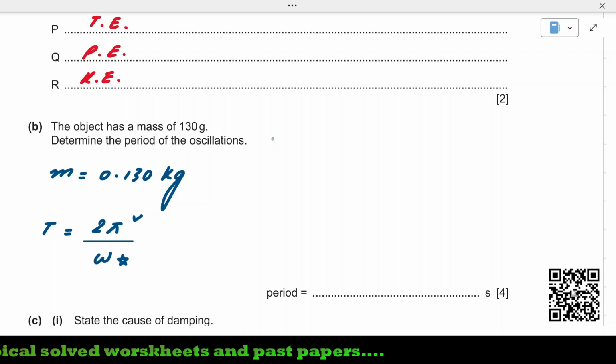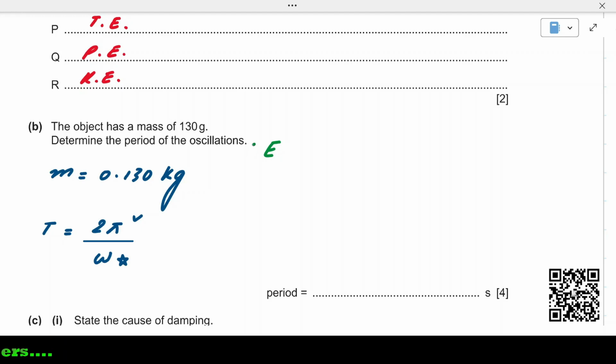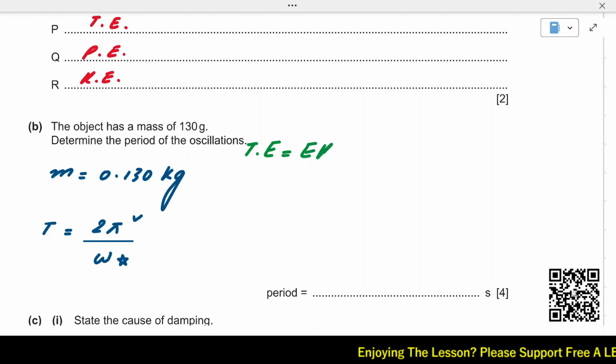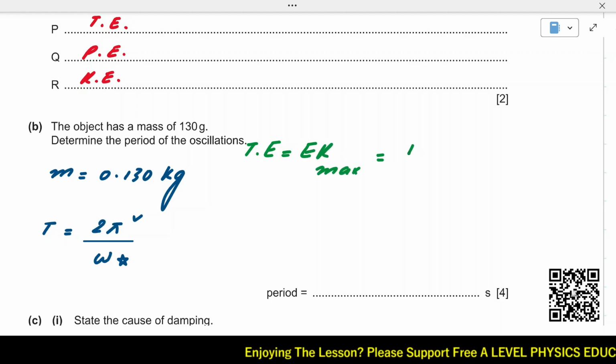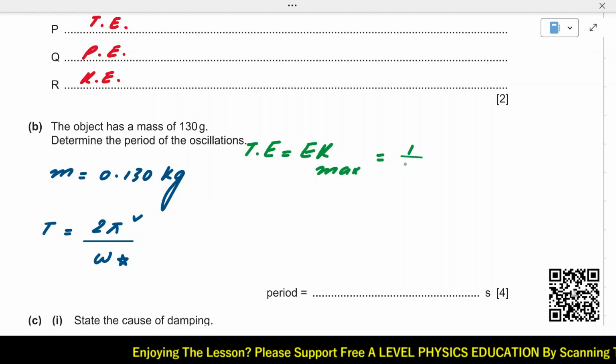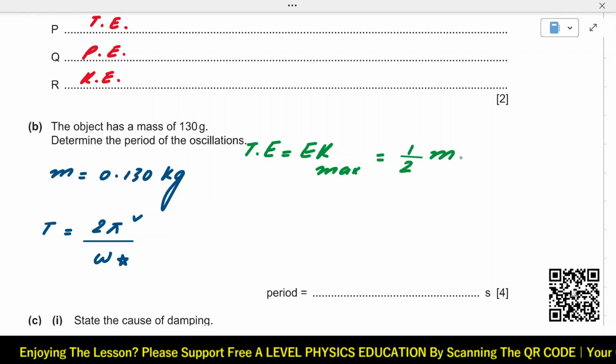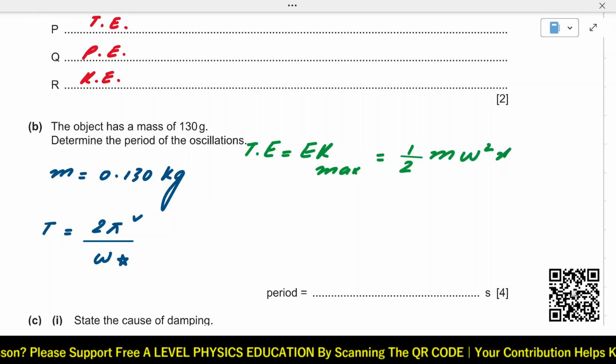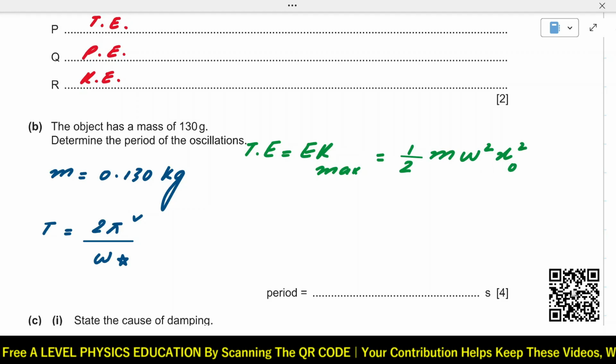Yes, we do. Since we are provided with the energy graph, I can use the expression: the total energy, which equals the maximum kinetic energy, is equal to 1 over 2 m omega square x naught square.